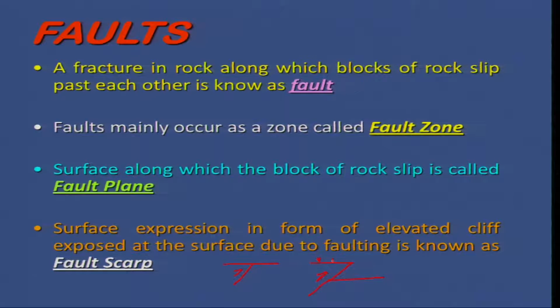This was the surface here, and this has moved up. This surface along which the land moved is termed the fault plane, and the expression of this on the surface is termed the fault scarp. We will see a couple of examples of this.